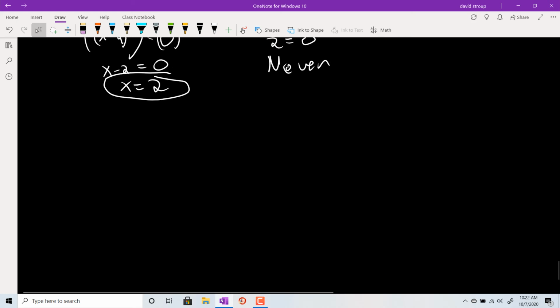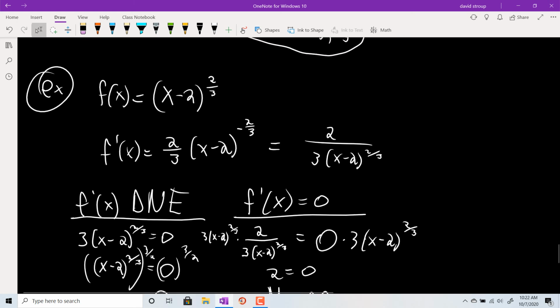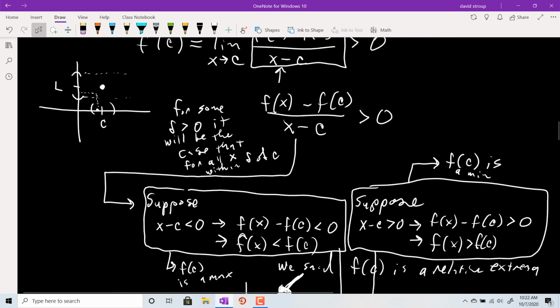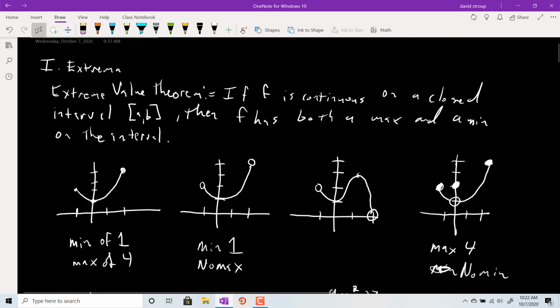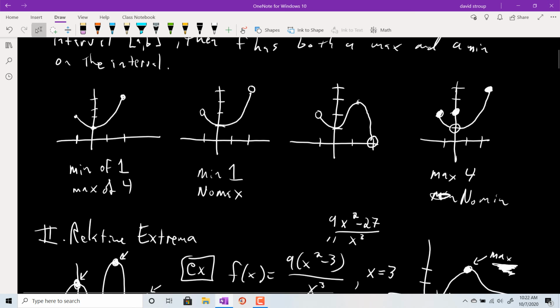Okay, back to this idea about closed intervals. We want to find basically the max and mins on these closed intervals. And they can happen at basically two different places: the critical numbers and at the endpoints.